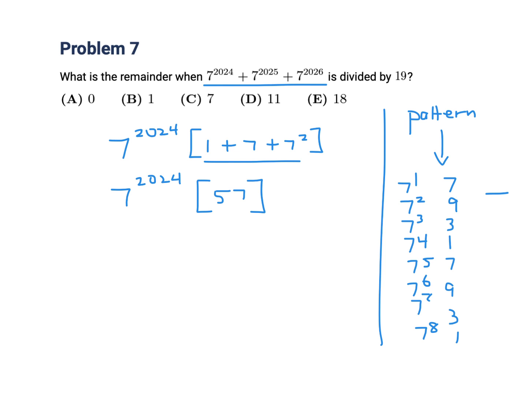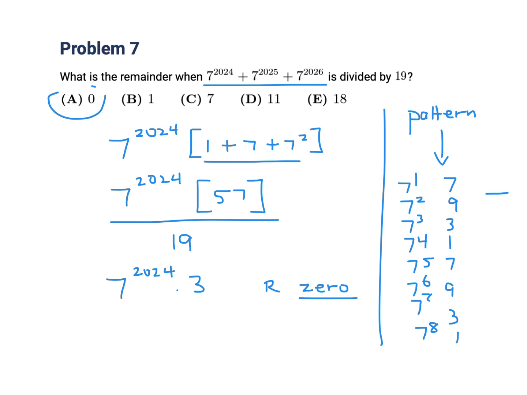And then they're saying when you divide this by 19, what is the remainder? Well, 57 is divisible by 19. It's 3. So you get 7 to the power of 2024 times 3. So there is no remainder. Remainder is 0. So that's pretty much all there is to that one.